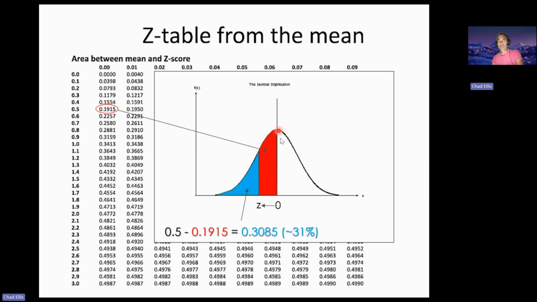In this case, the area or the probability using this type of table is the area out from the mean. Because we know that each half of this distribution has 0.5 in it, all we have to do to figure out the area in blue is subtract the 0.1915 in the red away from the 0.5, which gives us the area or the probability in blue, which is the exact same answer that we got with the cumulative table, about 31%.